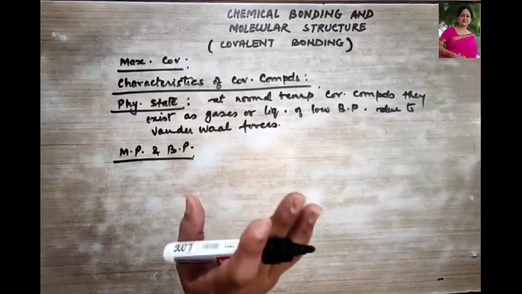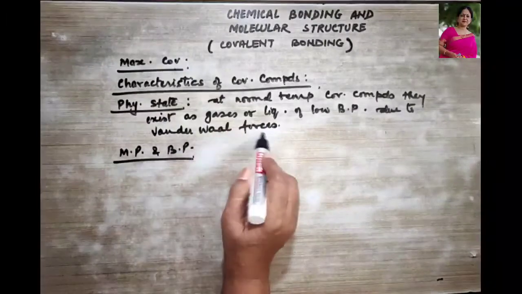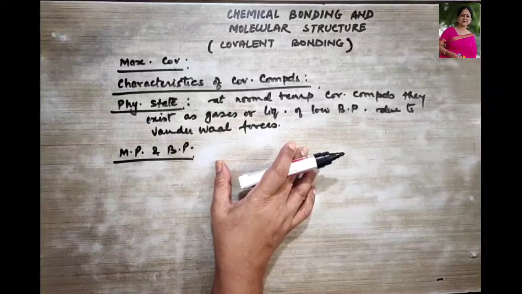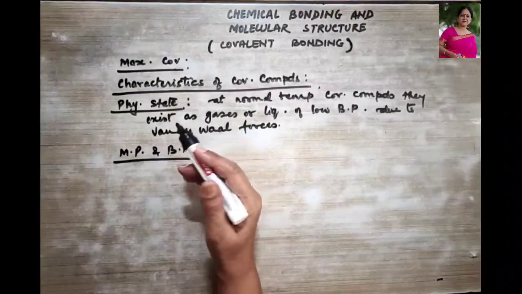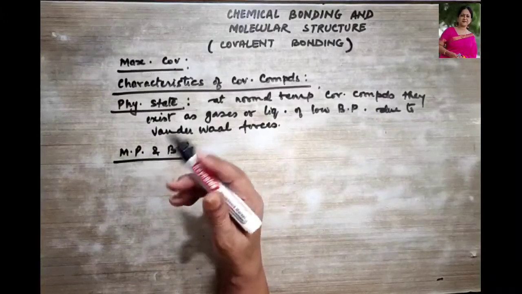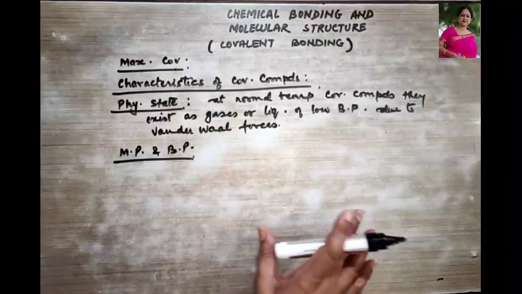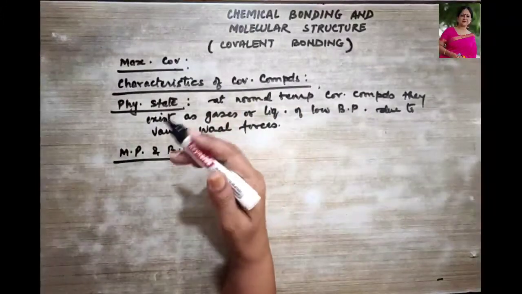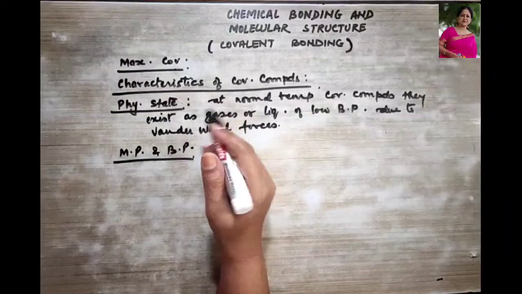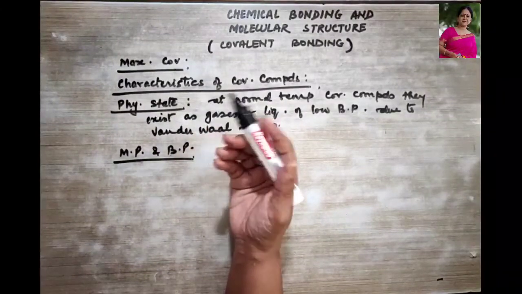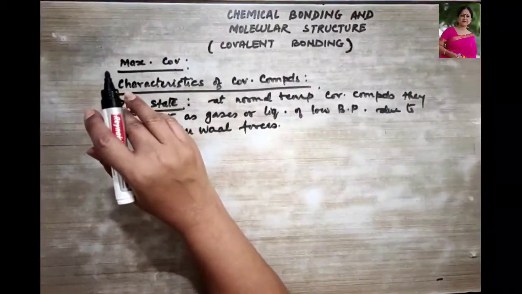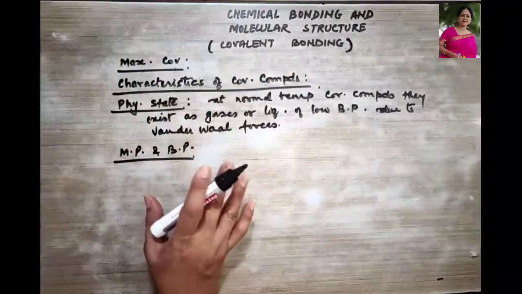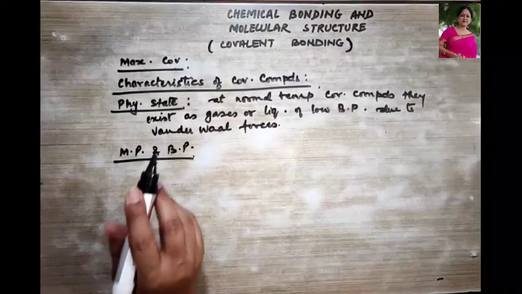As I told you, due to the presence of weak forces, the van der Waal forces. On supplying heat energy, the molecules are readily pulled out from their forces and move freely, and thus they show lower melting and boiling points compared to ionic compounds. I hope this point is clear.